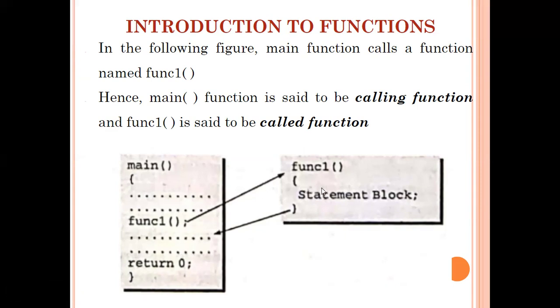So only after executing the body of function 1, it returns back to continue the execution of the main function. In such a case, the main function is said to be the calling function and function 1 is said to be the called function, because function 1 is called by the main function and the main function calls function 1. So the main function is known as the calling function and function 1 is known as the called function.